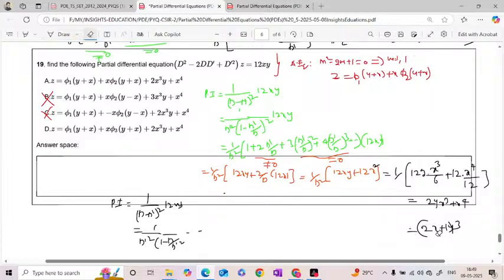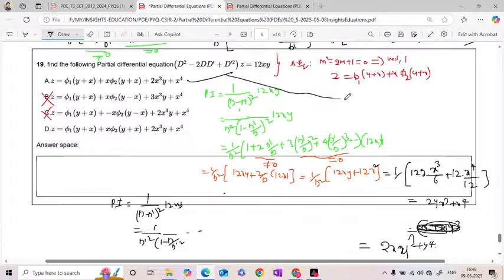The second result is the same: if you separate the d dash square, after separating the d dash, here we will get 2x y cube plus y power 4, but anyway it is related to this one. This is the second solution. First solution and second solution: 2x y cube plus y power 4 is the second solution.